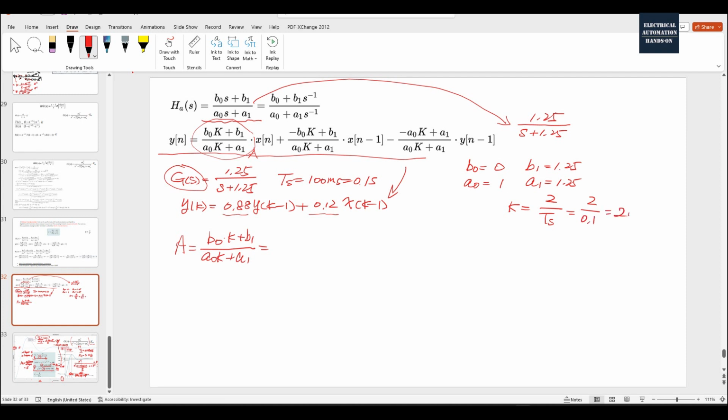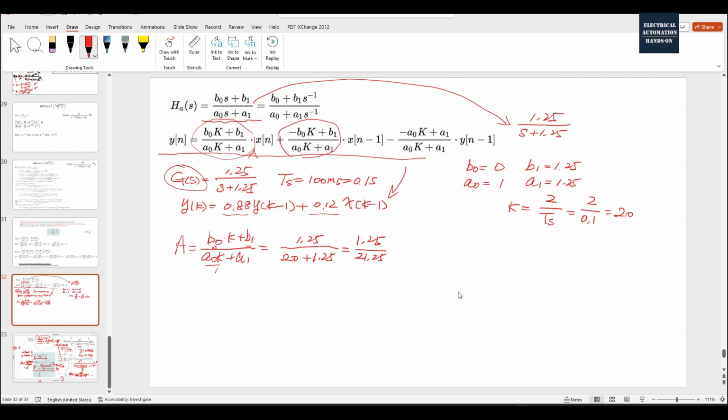So K is equal to 20, right? So that means here B0 is equal to 0, then B1 is 1.25, and A0 is equal to 1. So this is equal to 20 plus 1.25, then this equals 21.25.